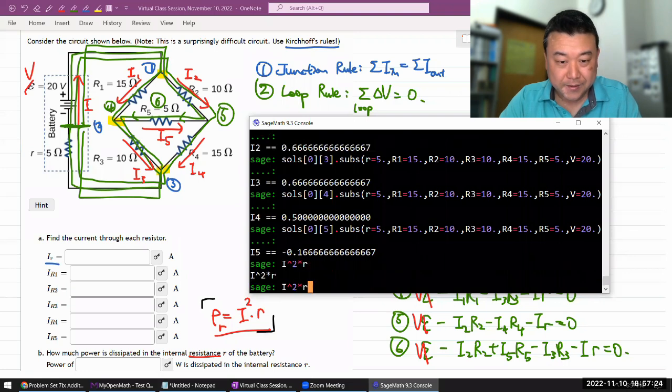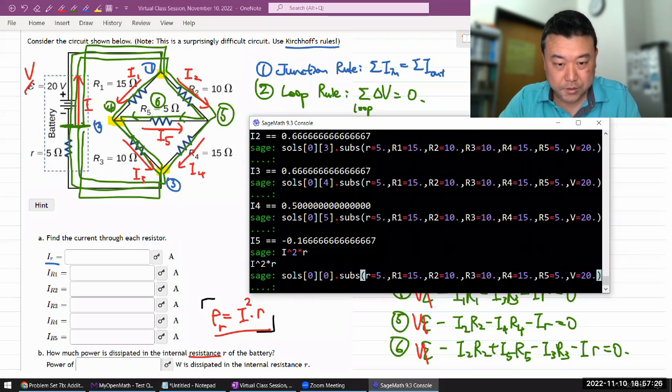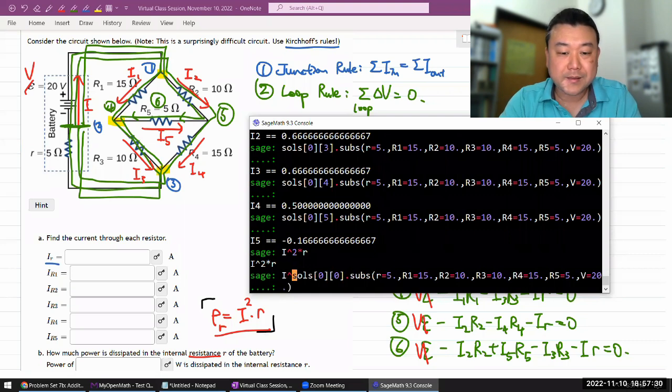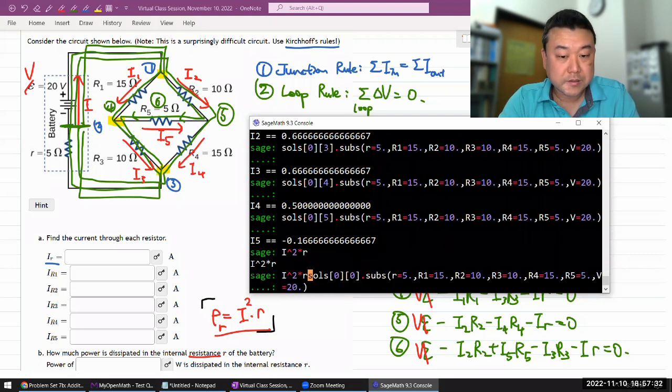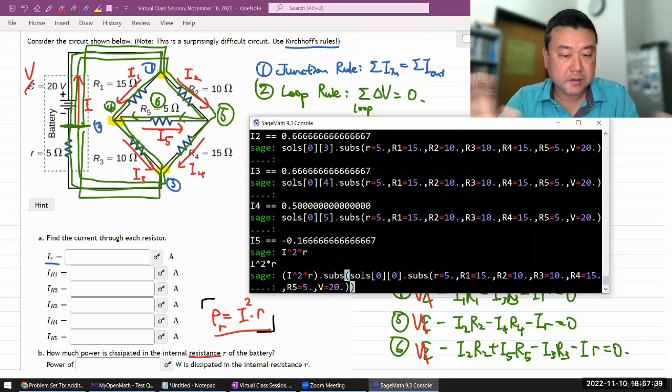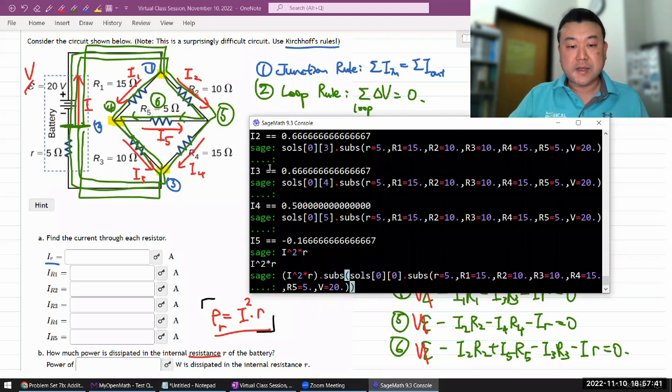Let me do it this way. I'm going to take the solution here, which I know gives me that equation, and put that into the substitution sequence. So this is my algebraic expression. I'm going to substitute in the value that the equation I equals implies.